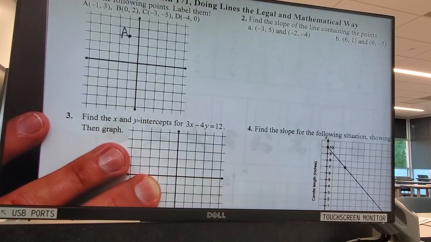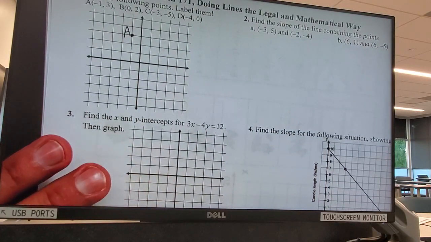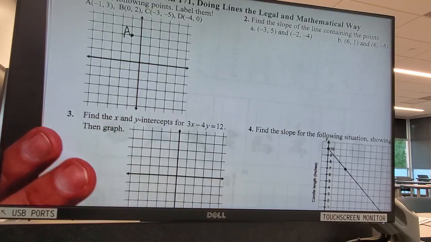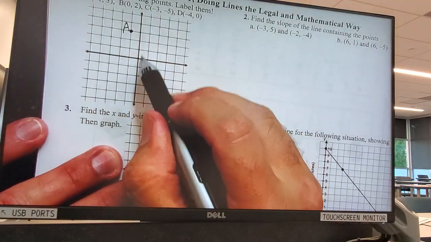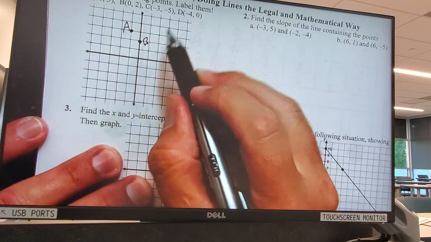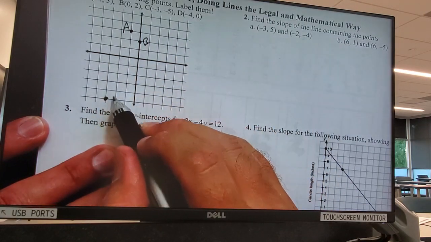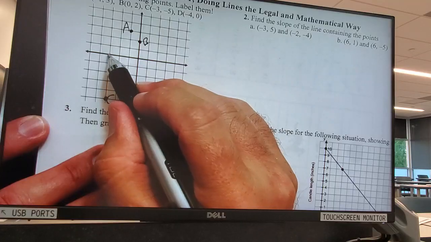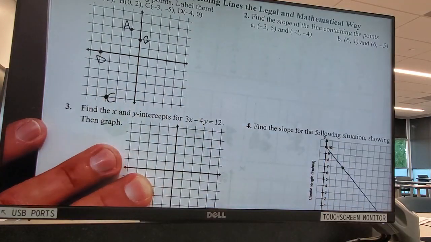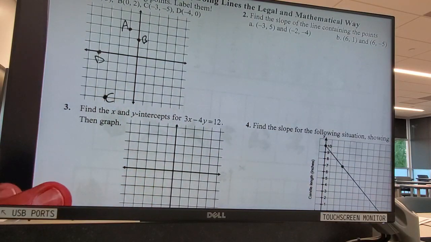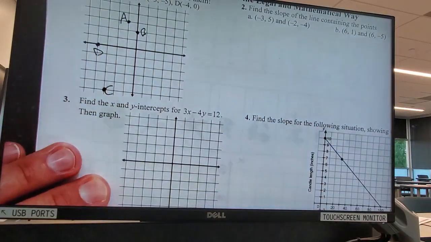Because can you imagine somebody gives me this graph with just dots on it, and I don't know what's going on. 0, 2 is B. -3, -5 is C, and then D is -4, 0. So it makes a little constellation.